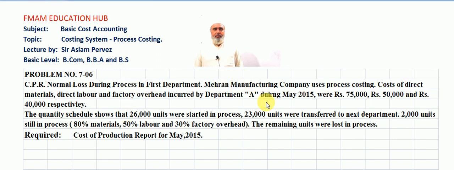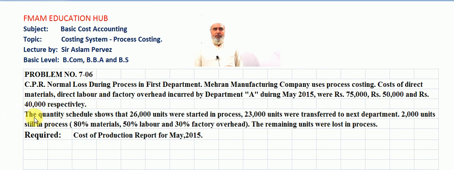Mehran Manufacturing Company uses process costing. Cost of direct material, direct labor and factory overhead incurred by department A during May 2015 was rupees 75,000, rupees 50,000 and rupees 40,000 respectively.